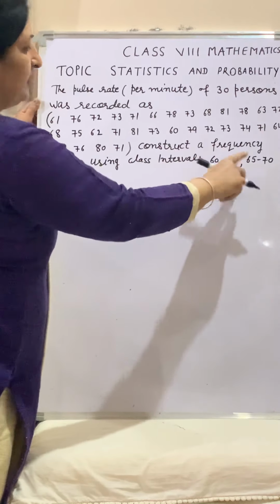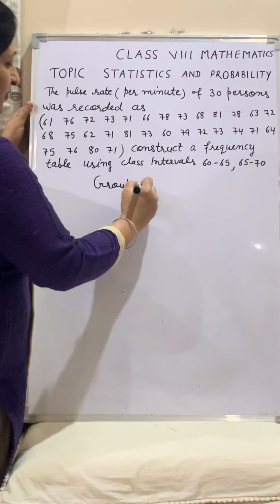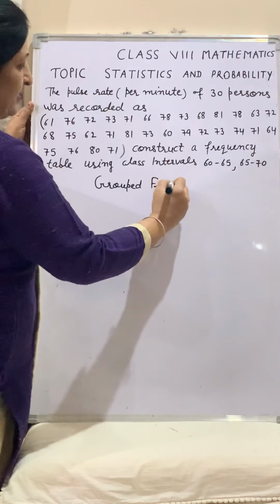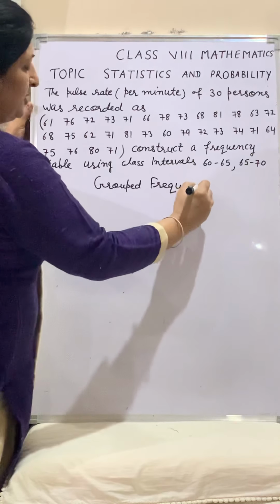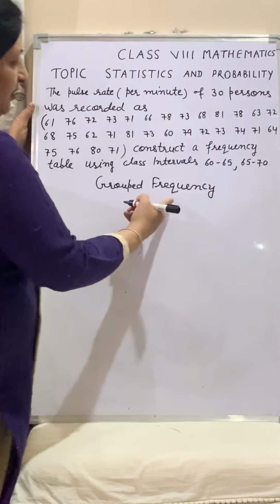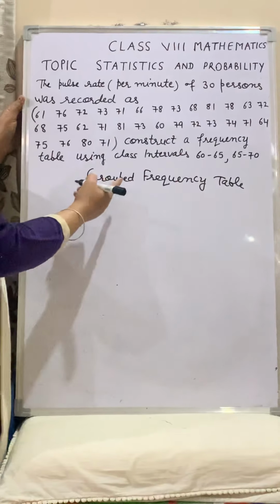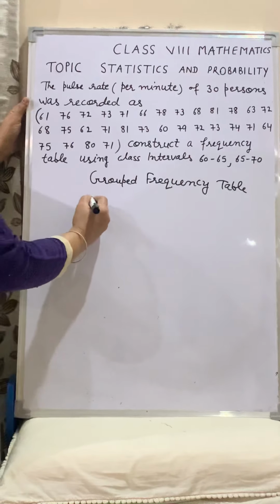What is the grouped frequency distribution table? We can write grouped frequency distribution table or grouped frequency table. In this table, in the first column we will write groups or class intervals.